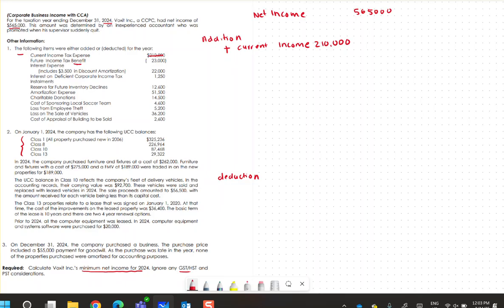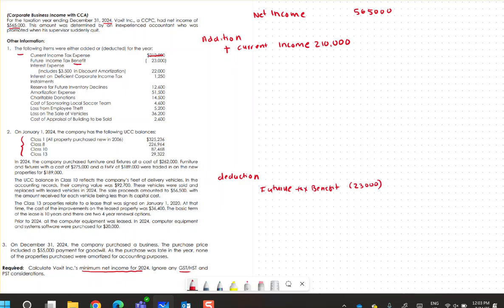So there will be a deduction for future tax benefit. With future tax benefits, we are going to pay less taxes in the future, and it is a deduction for us. In this case, it is a deduction of 23,000.